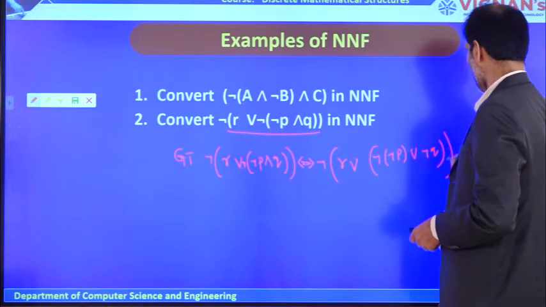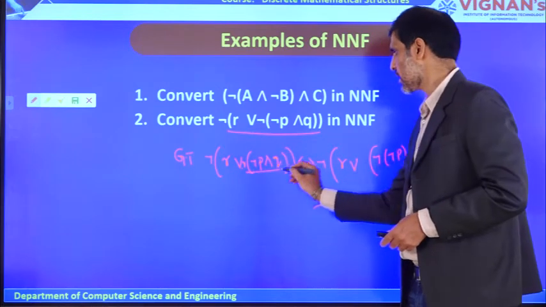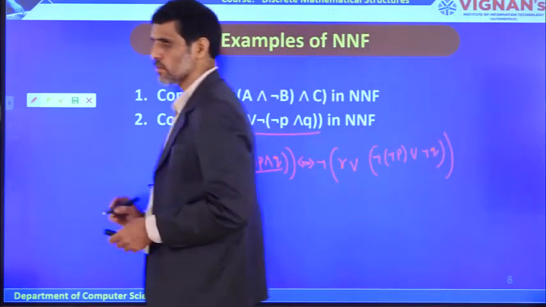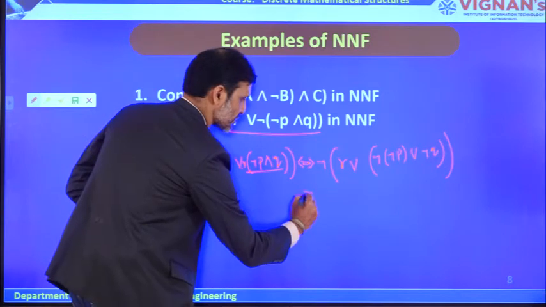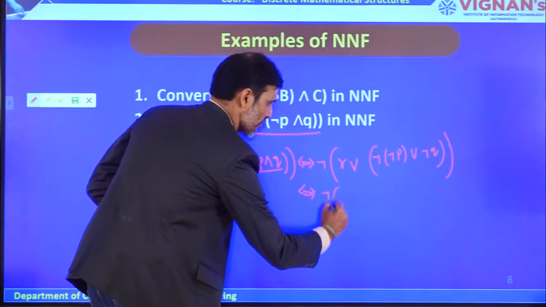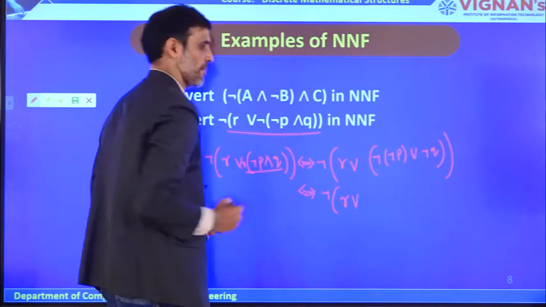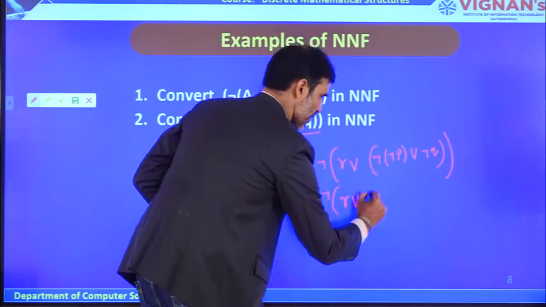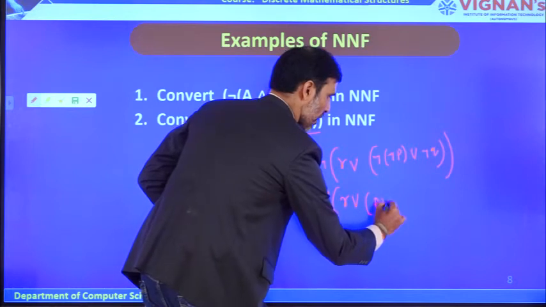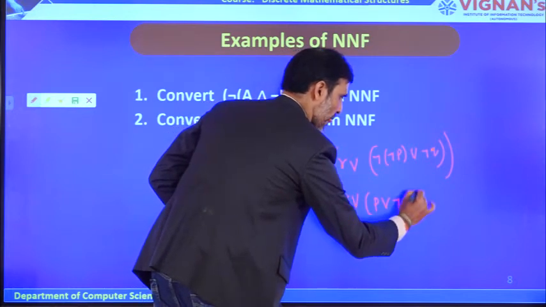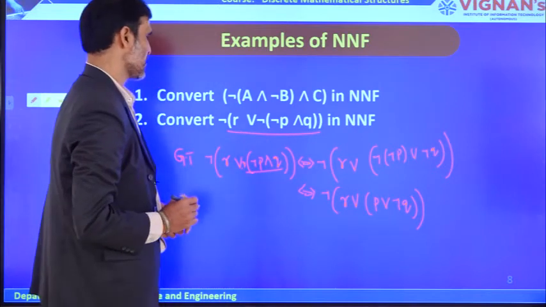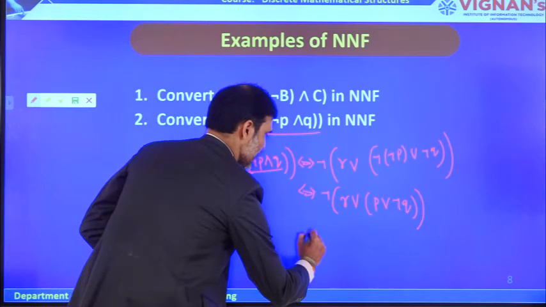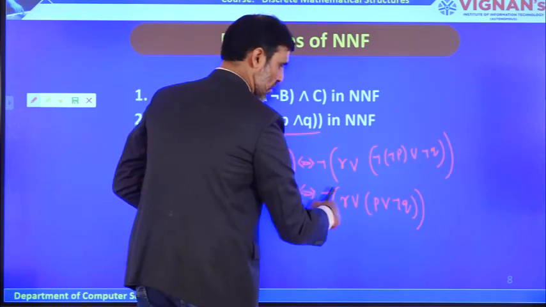So by applying De Morgan's law to this particular form, we get this. And then negation of R or, and negation of negation P is P, so P or negation Q, like this. Still it is not in NNF. Why?